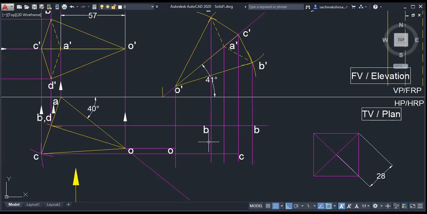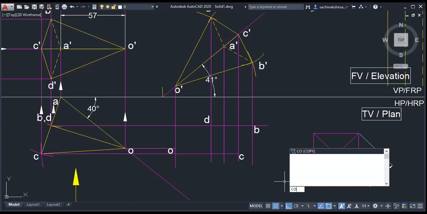Point D. A point is remained. Where will be point A? On XY line. Very good. It will be on XY line.